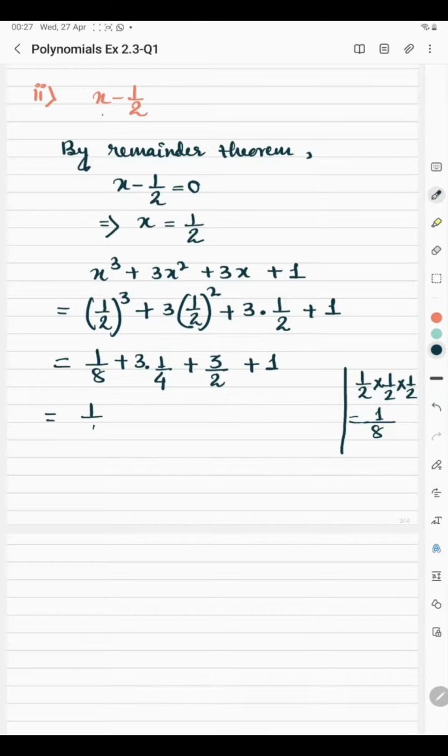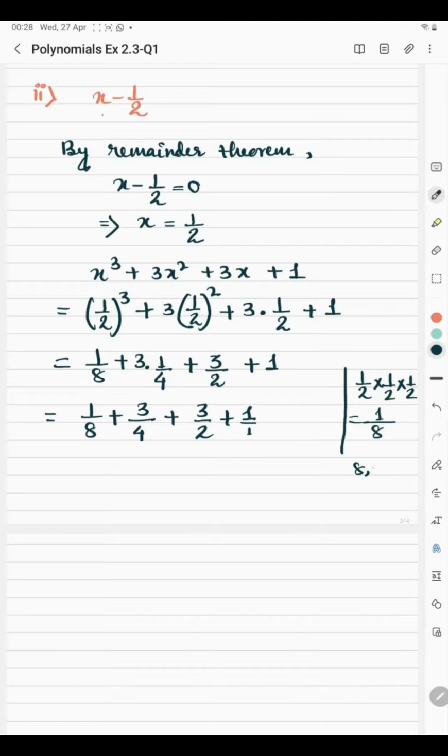So it's equal to 1 by 8 plus 3 multiplied by 1, 3 divided by 4, plus 3 by 2 plus 1. So here no denominator is present, so we can consider it as 1. So we'll find the LCM of 8, 4, 2, 1.